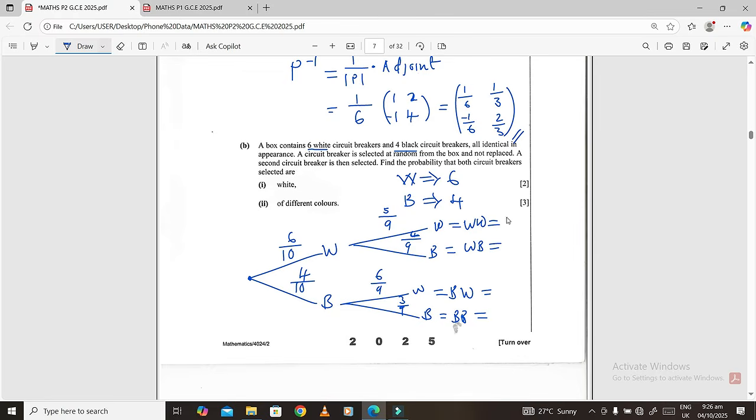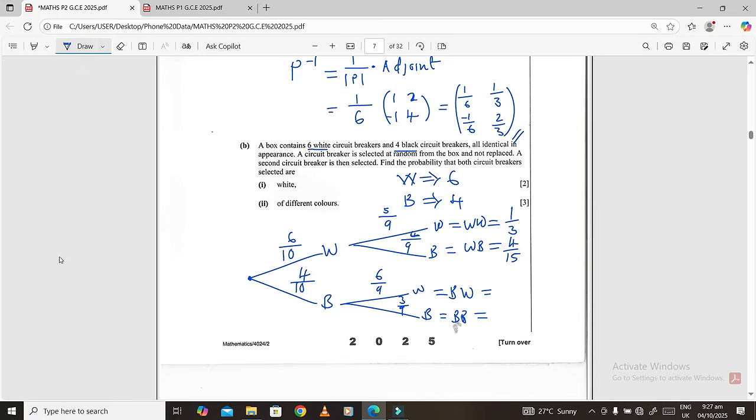Now we find what you're supposed to write here. So here it will be 6 over 10 times 5 over 9. This, of course, is giving us a 1 over 3. We now come to this one, 6 over 10 times 4 over 9. This is giving us a 4 over 15.